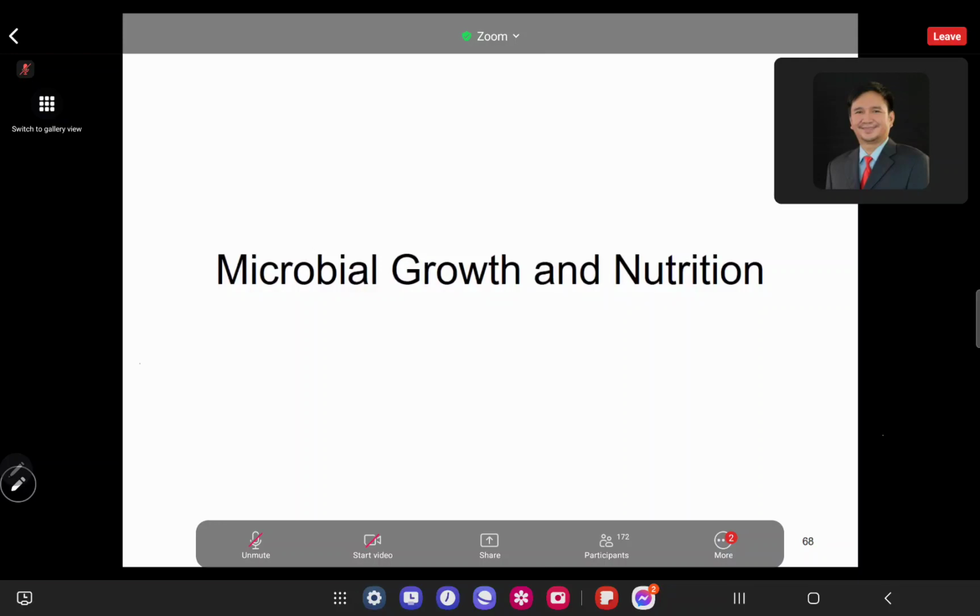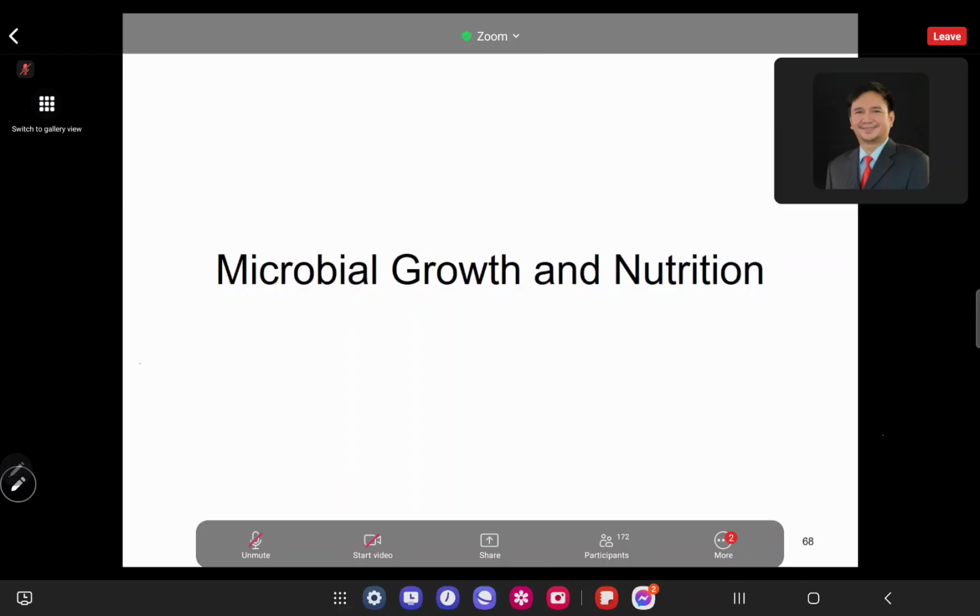We are now moving into microbial growth and nutrition. These are the factors and conditions necessary for microorganisms such as bacteria to thrive and multiply. Examples of growth requirements are temperature, pH, oxygen levels, and also carbon nutrients, nitrogen, sulfur, phosphorus.